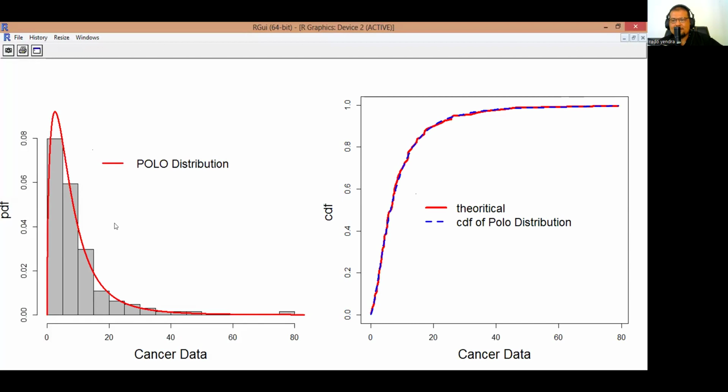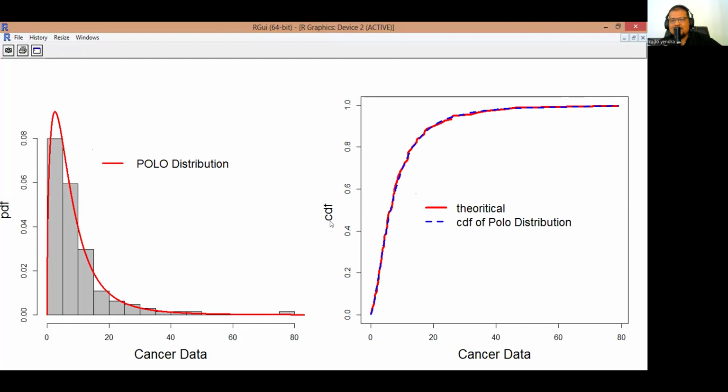The red one is the density plot, and the gray one is the histogram of the data. You can see from this picture, our density plot can capture the histogram. It means our model is a good one.